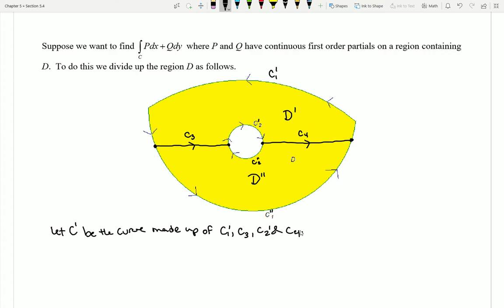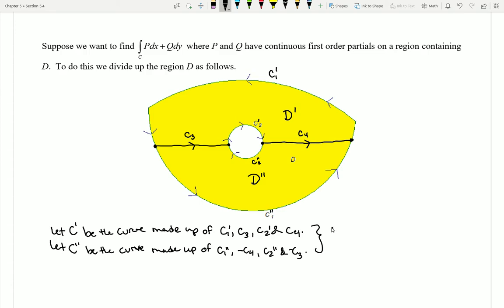In the same way, I can let C double prime be the curve made up of C1 double prime, then negative C4, because I'm going to move along C1 double prime, reverse the orientation of C4, move in the direction of C2 double prime, and then I'd have to reverse the orientation on C3 as well.